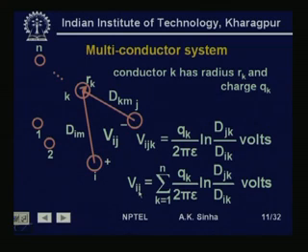So, Vij due to charges on all the conductors will be equal to the summation k equal to 1 to n of q k by twice pi epsilon ln djk by dik volts. This way we can find out the voltage between any two conductors or any 2 points due to charge on various conductors in a multi-conductor system.